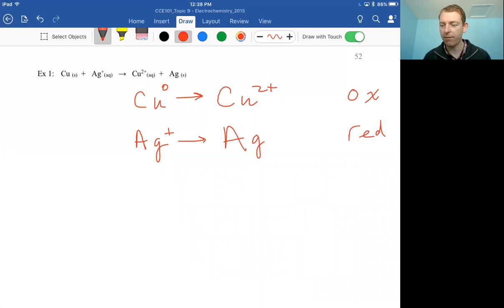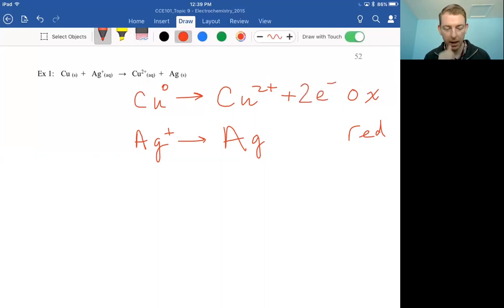We pick up again at step 5. For step 5, we want to balance the charge of each of the sides of each of the 2 half reactions. So you see on the copper one, the left-hand side is neutral, so copper 0. On the right-hand side, copper 2 plus, we need to get that back to 0. So we're going to add 2 electrons.